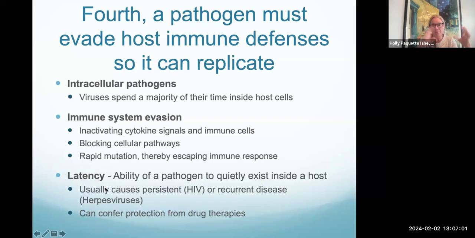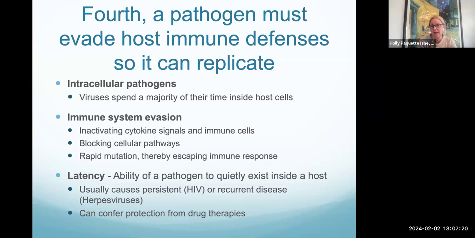The third big way that we can evade the host immunity is to go into what we call latency. So in week 3, I talked a little bit about the lysogenic bacteriophage. Animal viruses, some of them have the ability to do something similar to that and go into latency.